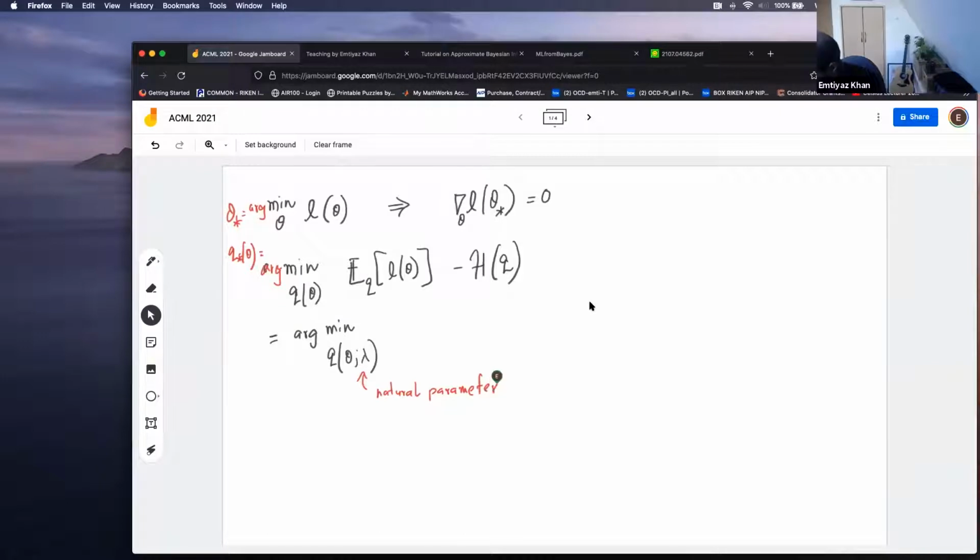For Gaussian, it is S times M and minus half of S. And I'm basically now minimizing over lambda. So I'm going to remove this and say lambda, and write this with dependence on lambda. And this will also depend on lambda.